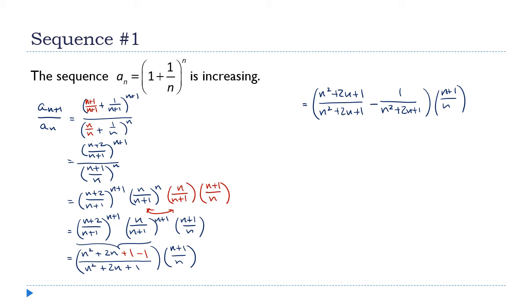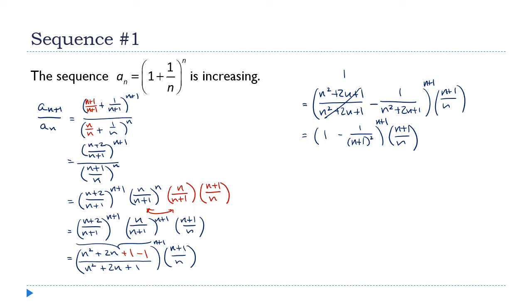Now, this piece here, that's just 1, right? So let me write this out. This is 1 minus 1 over (n plus 1) squared, times (n plus 1) over n. And somewhere along the line here, I lost my exponent. That should be n plus 1, n plus 1, and n plus 1.